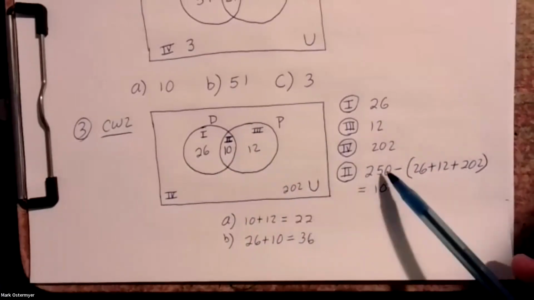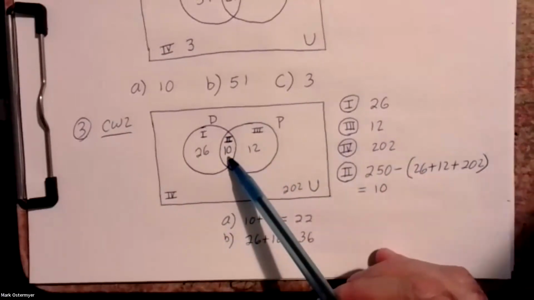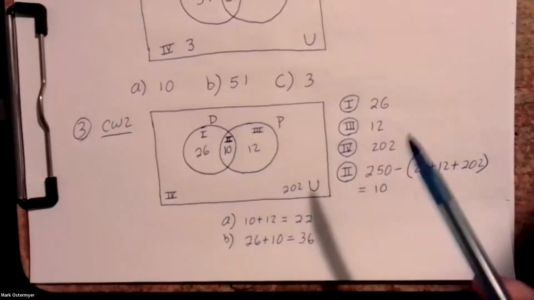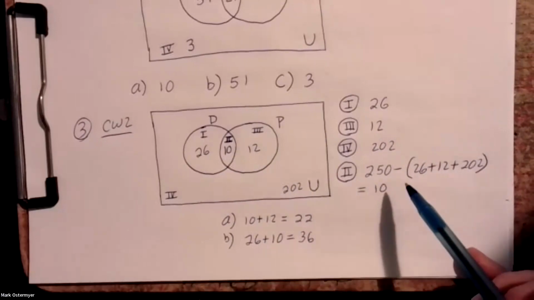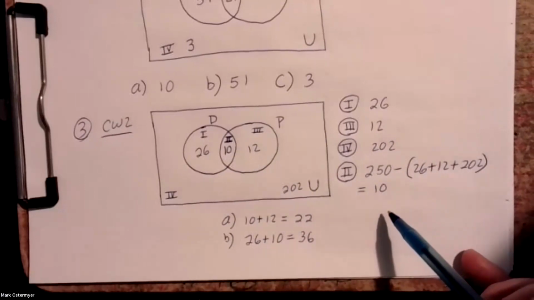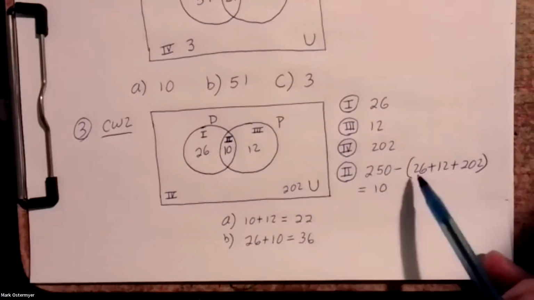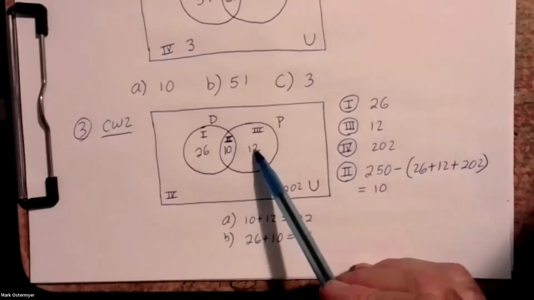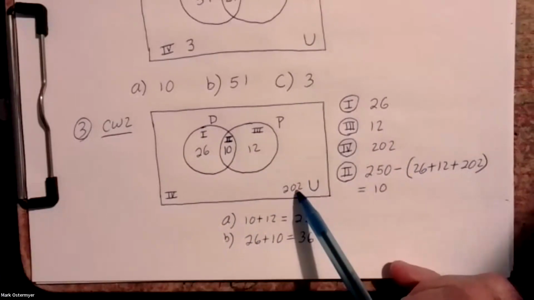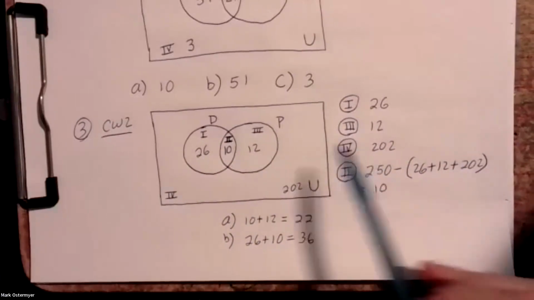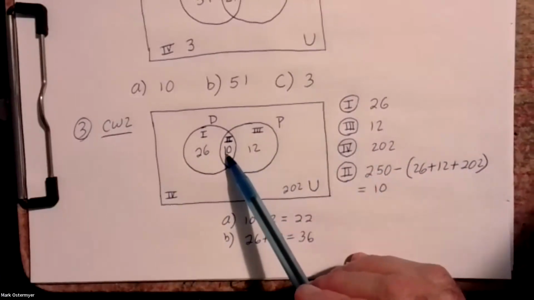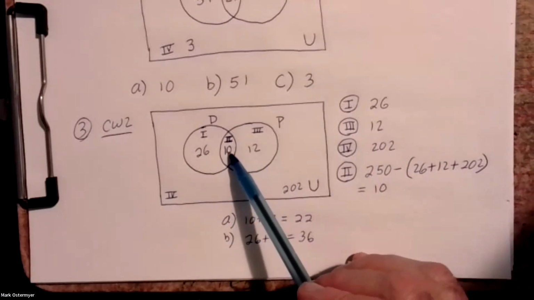It was out here. And how did I get the intersection, region 2? Well, what I did is I took the fact that there were 250 students surveyed totally, minus 26 plus 12 plus 202. And that leaves me with 10 students that were convicted of drinking and what? Possession.